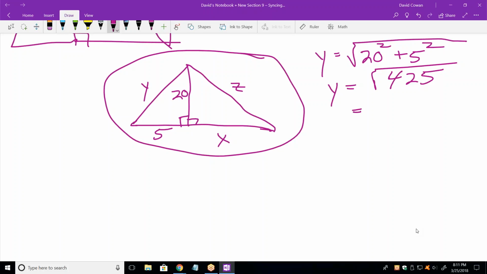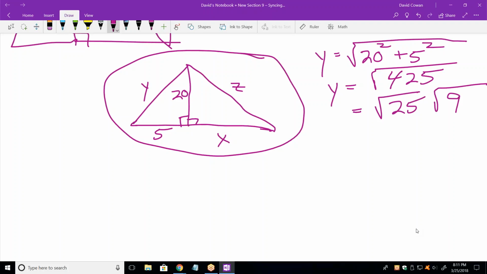First of all, what does it factor into? It factors into 5 and... 25 is one of the factors of 425. I think, would that be all, or is there one more?